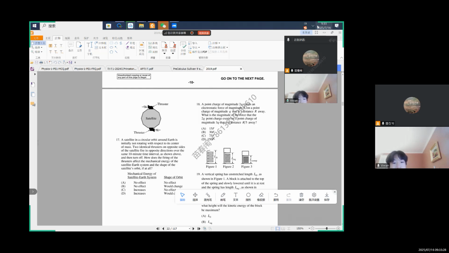How does it affect the mechanical energy of the satellite Earth system?